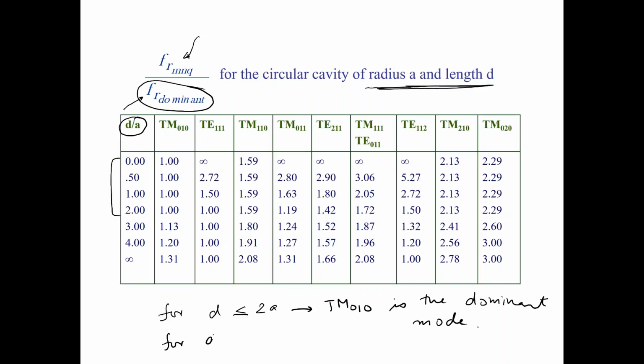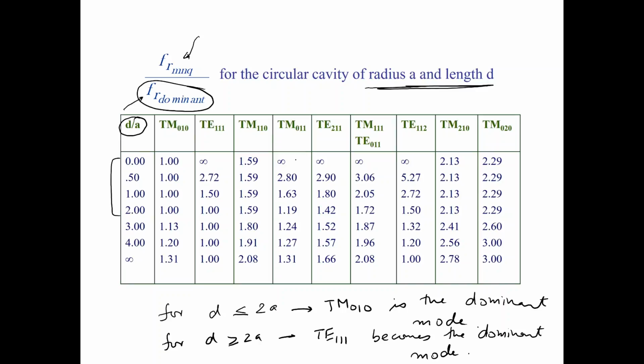For d greater than 2a, actually TE111 becomes the dominant mode. That basically comes from how the terms of Q show up.